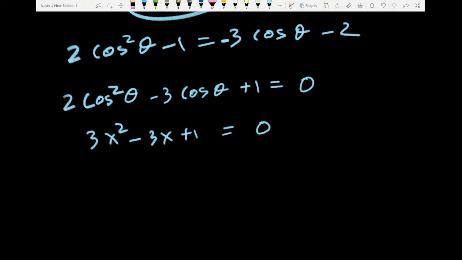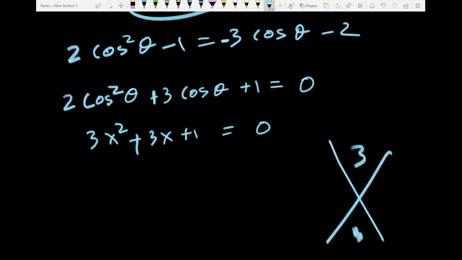So if it moves here, plus 3 plus 1. Now this makes sense. Give me a second.